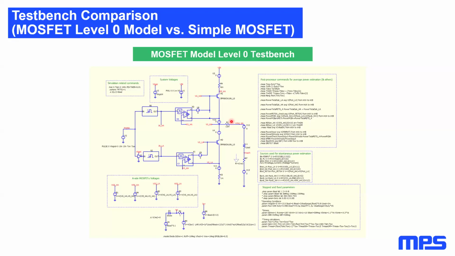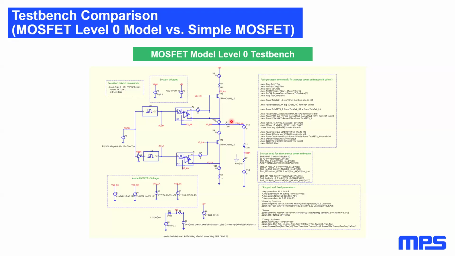Let's compare now how the test bench differs between the level 0 model from the vendor and our simple FET model. For the vendor's level 0 model MOSFET, only the total power dissipation of each FET can be calculated because there is no access to the body diode current information.